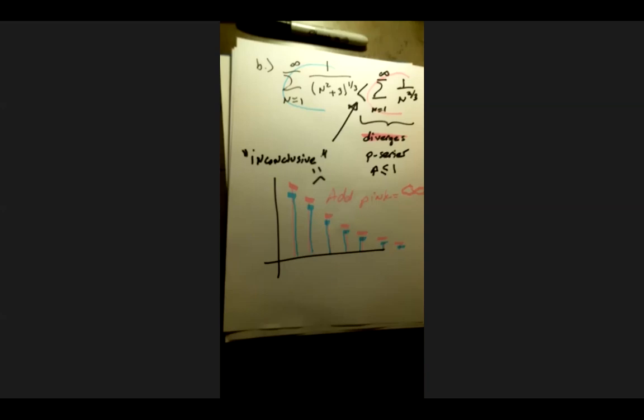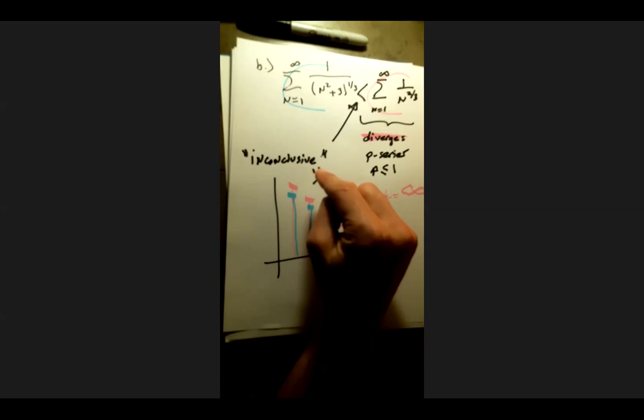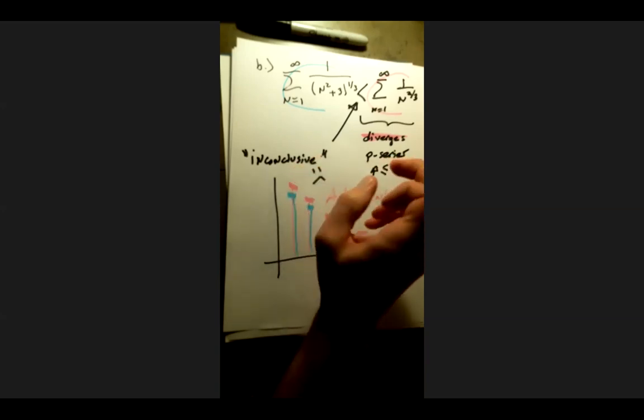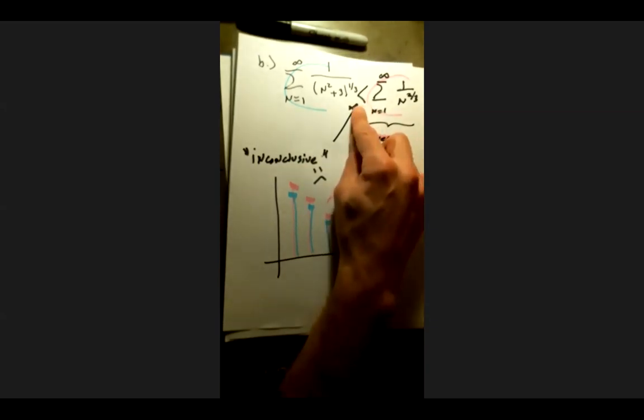It's possible to get inconclusive and be comparing to the wrong thing, but most often you're going to get inconclusive when you're comparing to the right thing, but it's just not a very helpful comparison because the inequality is going the wrong direction.